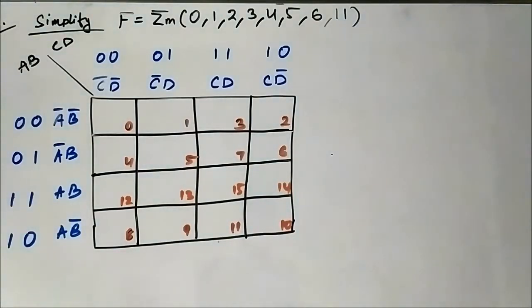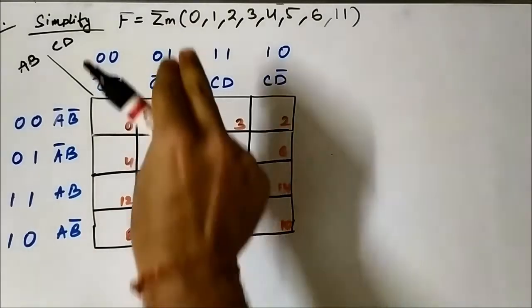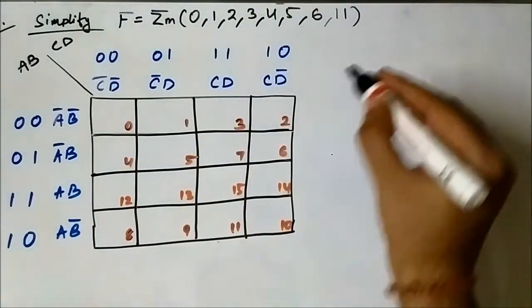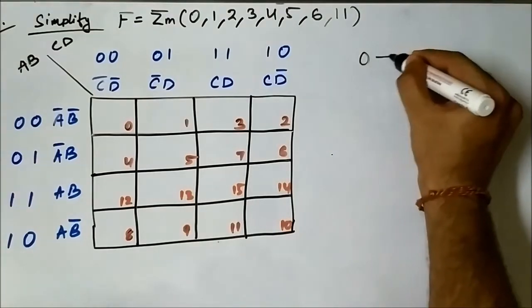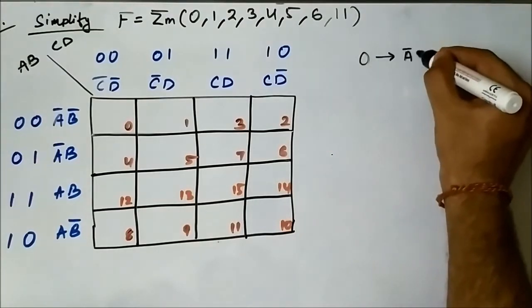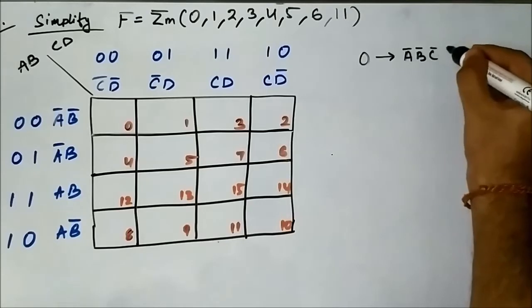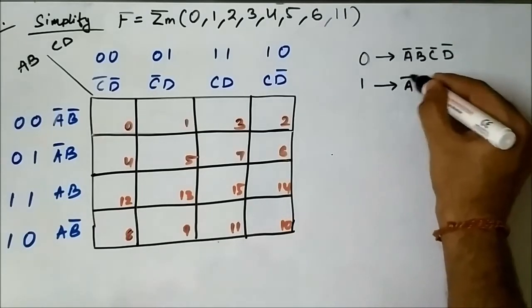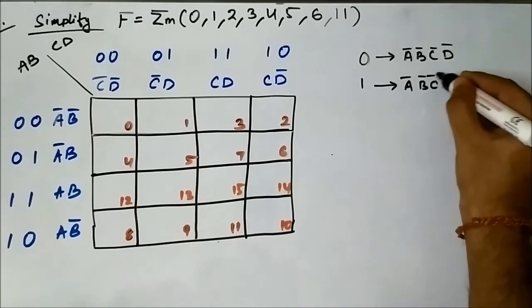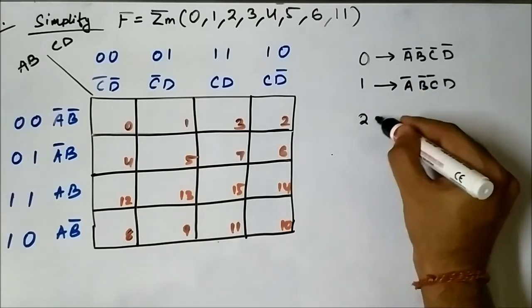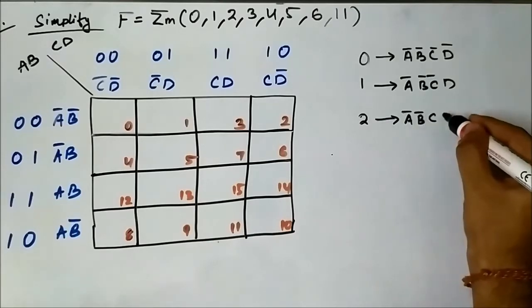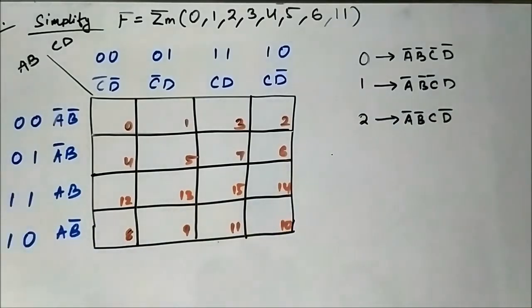Min terms are for SOP expression, sum of products, where each min term represents a particular Boolean term, such as 0 stands for A bar, B bar, C bar, D bar, 1 stands for A bar, B bar, C bar, D, 2 stands for A bar, B bar, C, D bar, and so on.